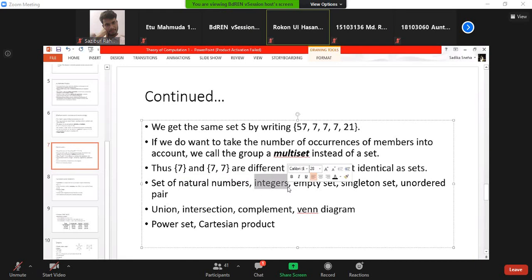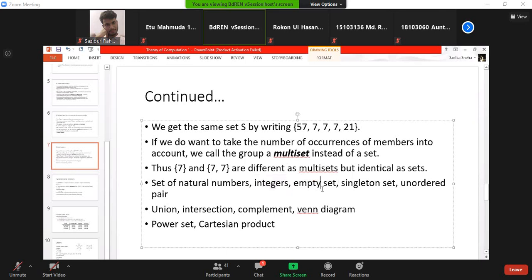So in the integer part, take a cue from programming. It takes the minus numbers and plus numbers, but the complete numbers, or purno sankhya we can say. Minus purno sankhya and plus purno sankhya. So the negative part and the positive part also.